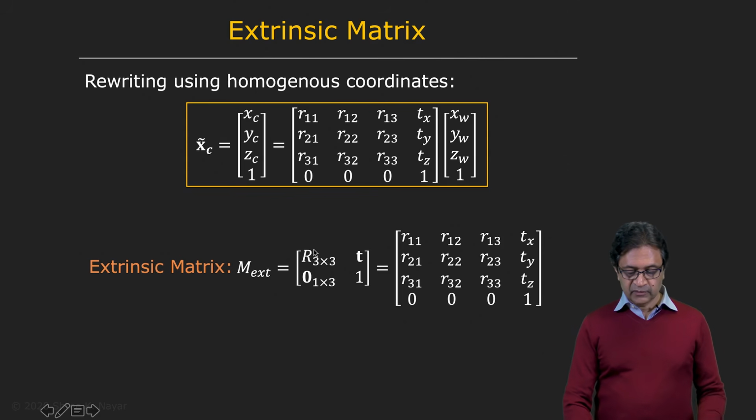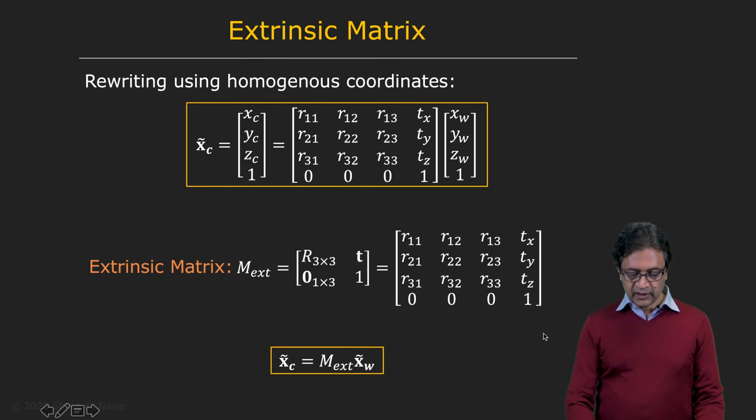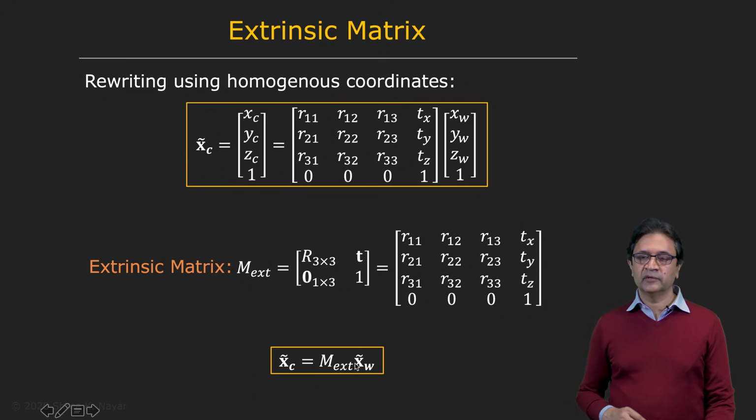So you have your rotation matrix here, 3 by 3, your translation vector, which is 3 by 1, 0 and 1. So it's a 4 by 4 matrix. And this matrix is called the extrinsic matrix. So you have XW transformed to XC through M extrinsic, the extrinsic matrix of the camera.